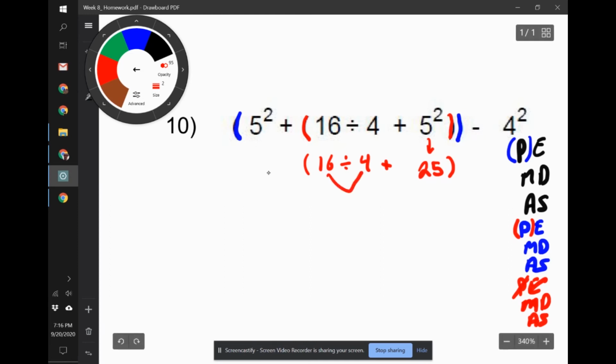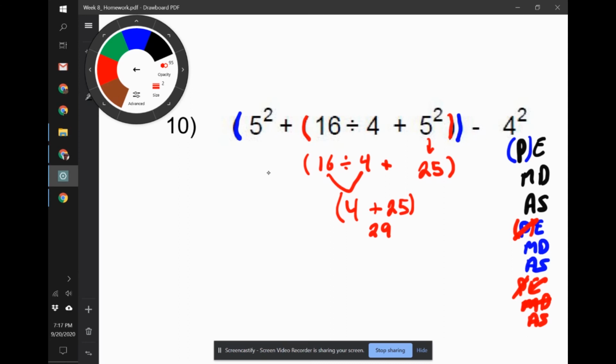So no multiplication here, but there is division. I am keeping the red set of parentheses so far until I'm done with them. Now it's addition, subtraction. Now I can get rid of that red set of parentheses. In fact, I'm done with it up here too.